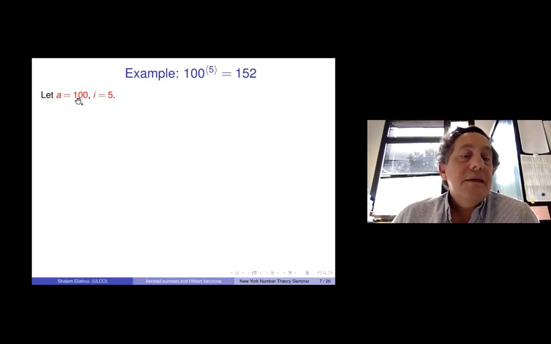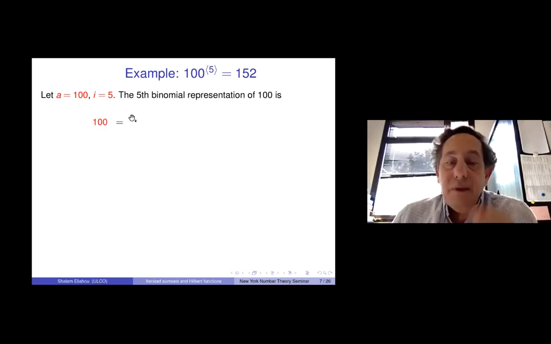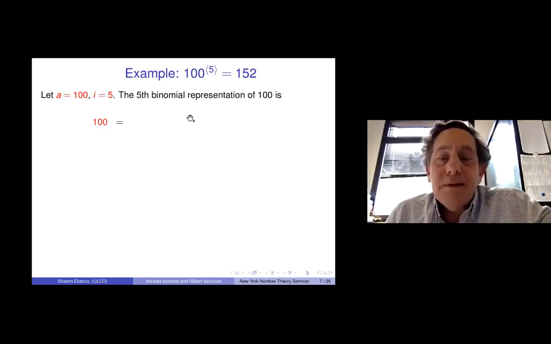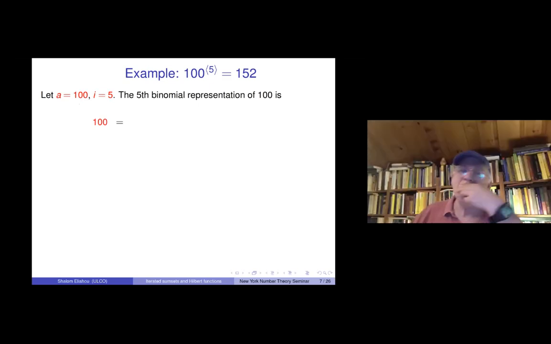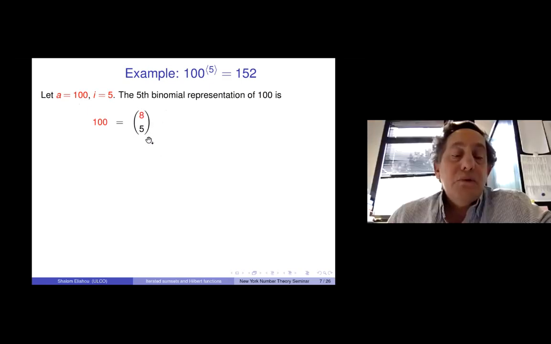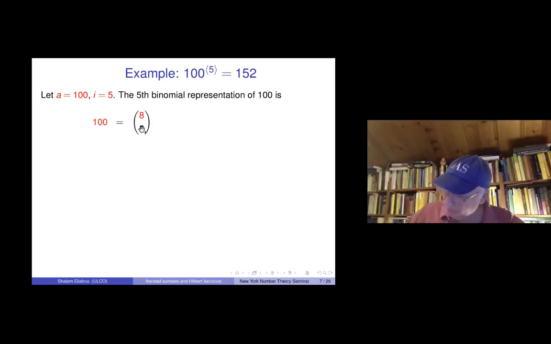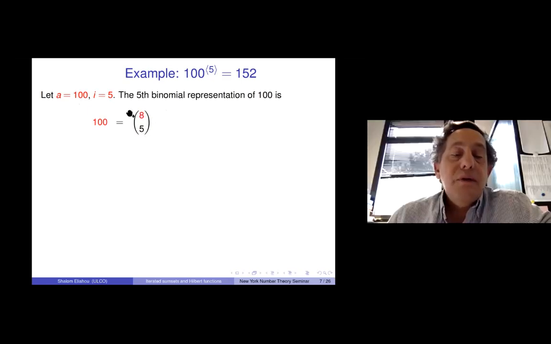So you fix a equals 100, and you take i equals 5. So then the fifth binomial representation of 100, this unique representation of 100, you do the following. You take 100 and 5 is fixed, and you take the largest possible one here so that this binomial does not exceed 100.